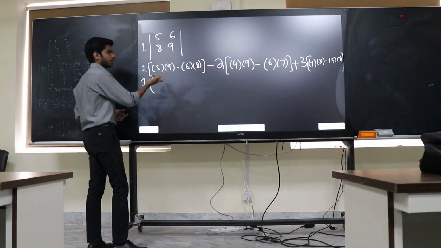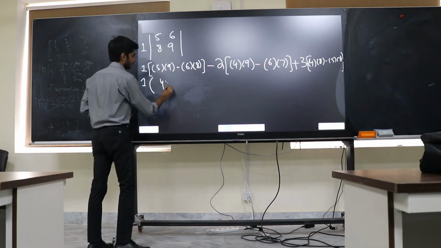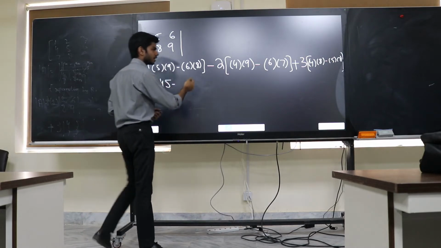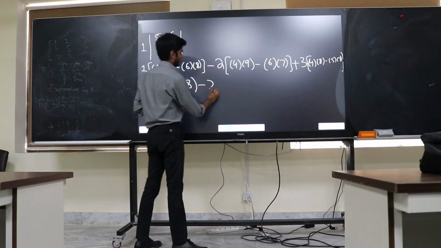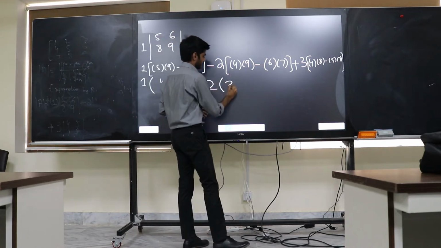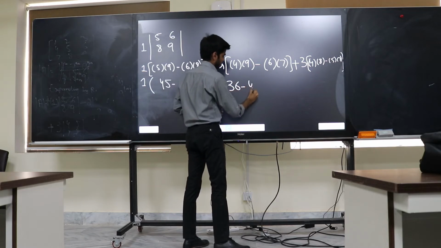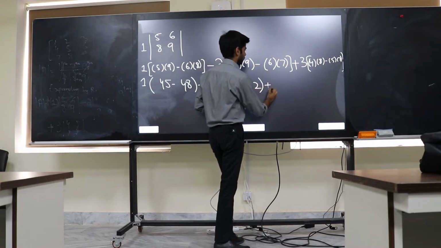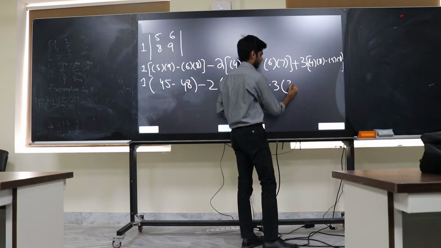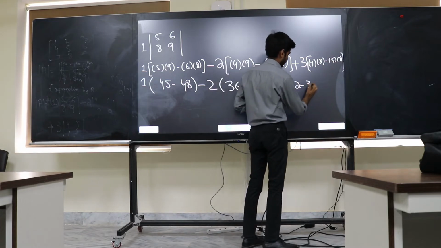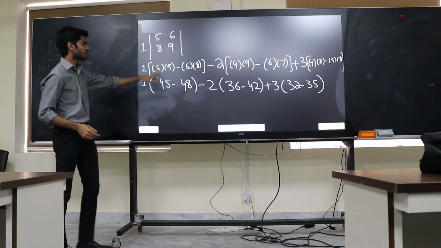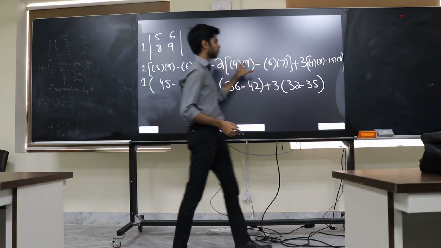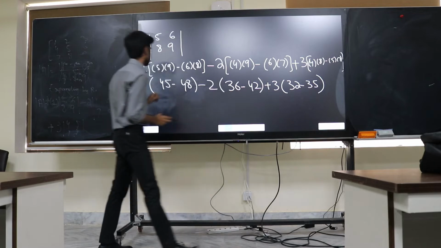5 multiplied by 9, 45. 8 sixes are 48. 42. So we will get this after this multiplication, right?